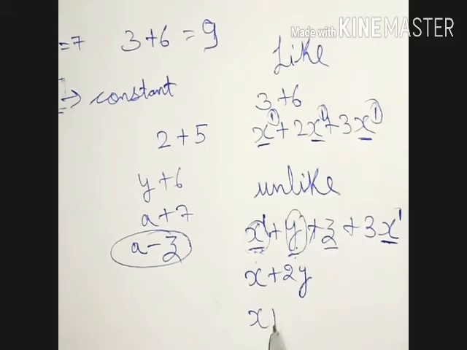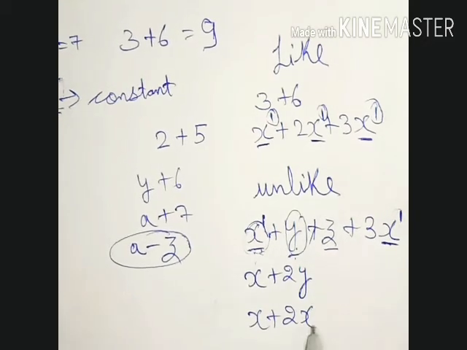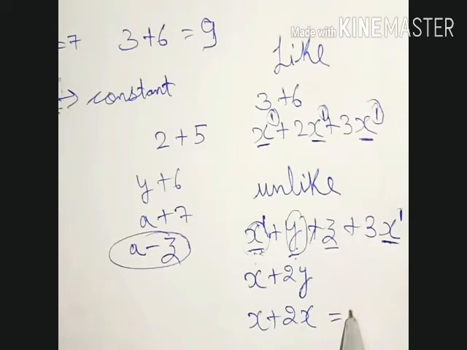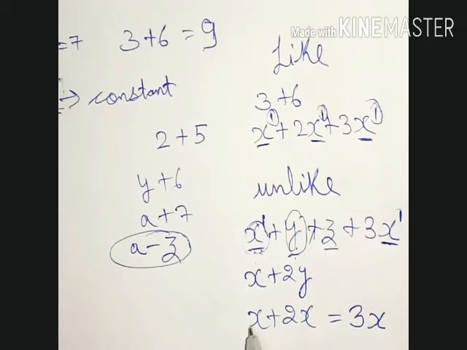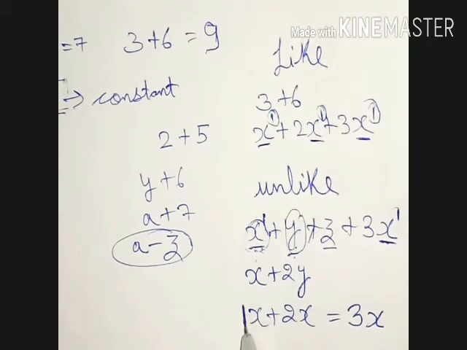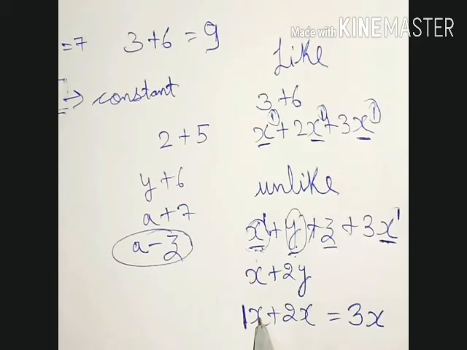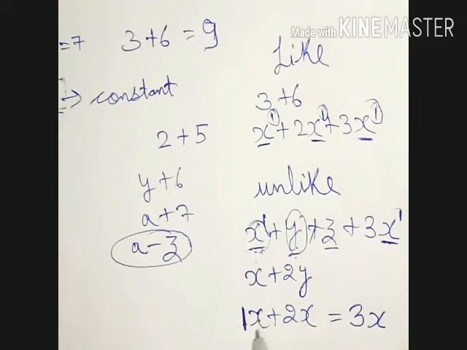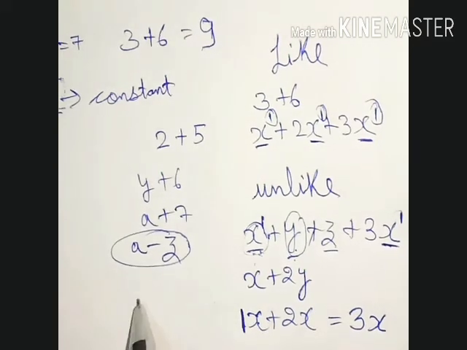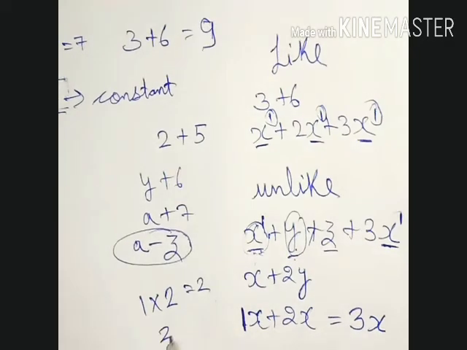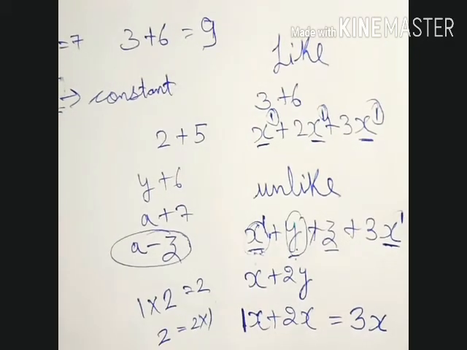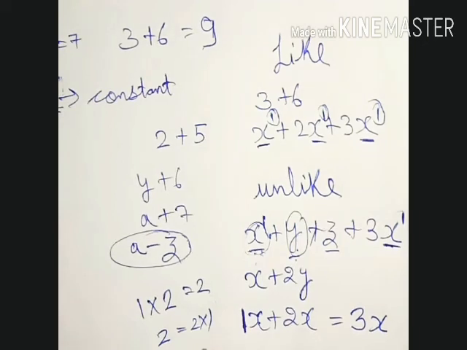But if we write x plus 2x, these are like terms, so we will write this as 3x. We can write x as 1x, because 1 multiplied by any number or symbol gives no change in result. As 1 multiplied by 2 is 2, I can write 2 as 2 multiplied by 1.